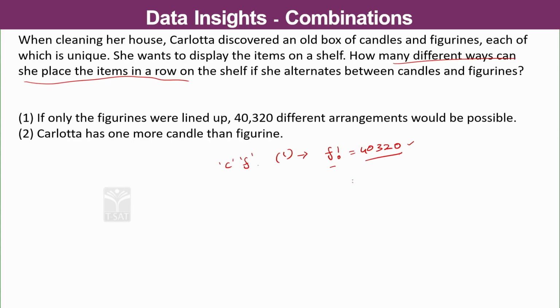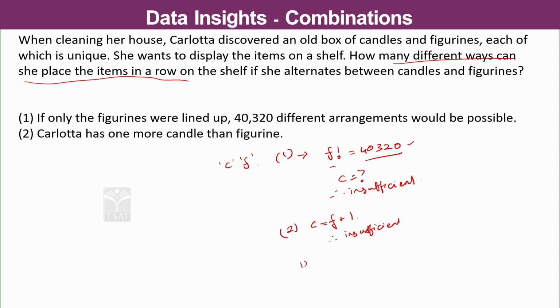That cannot be answered because you don't know what C is. Therefore this is insufficient. Second statement tells us Carlotta has 1 more candle than figurines. So C is equal to F plus 1. From just this information, we do not know what C is or what F is. Therefore this is also insufficient to answer the question.